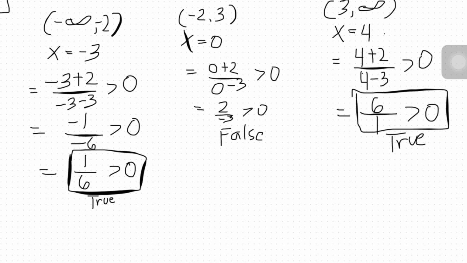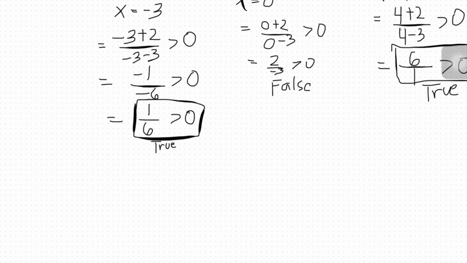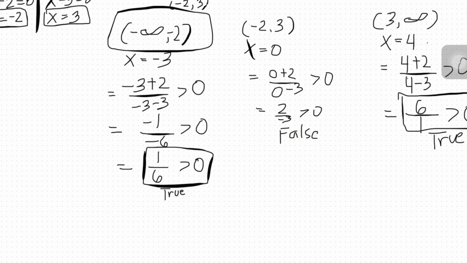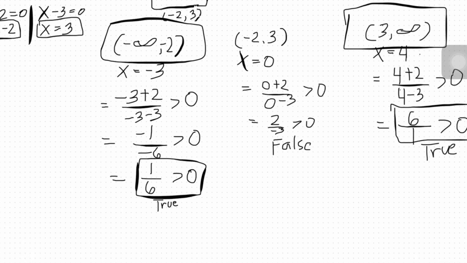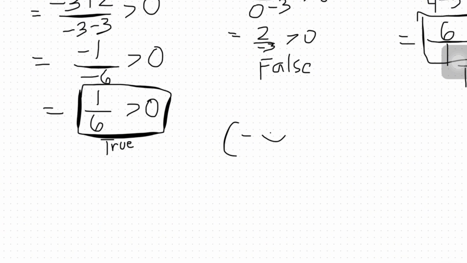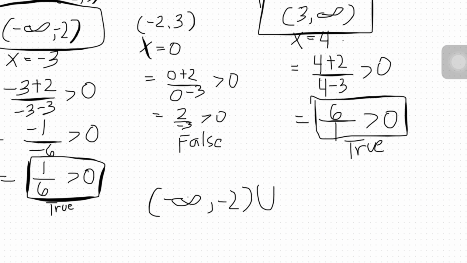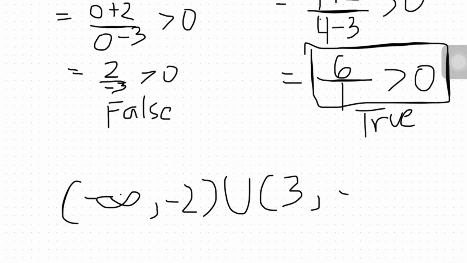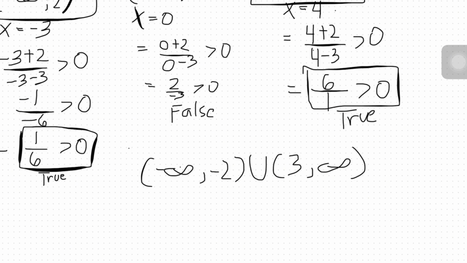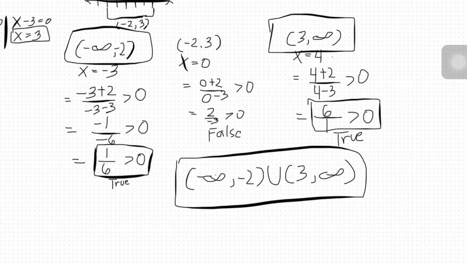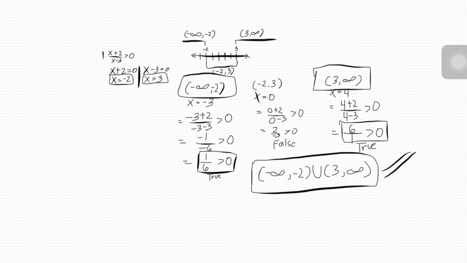Now, we want where the expression is greater than 0, so we pick the positive or true intervals. Those are negative infinity to negative 2 and 3 to infinity. The final answer is negative infinity to negative 2 in union with 3 to positive infinity.